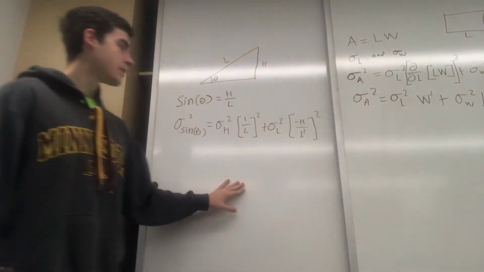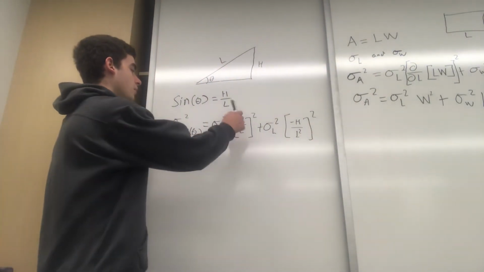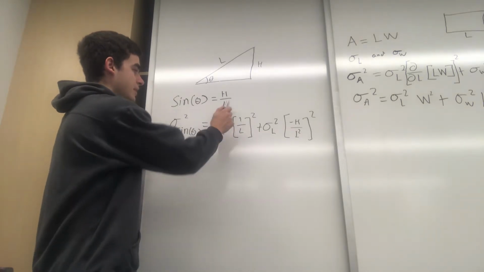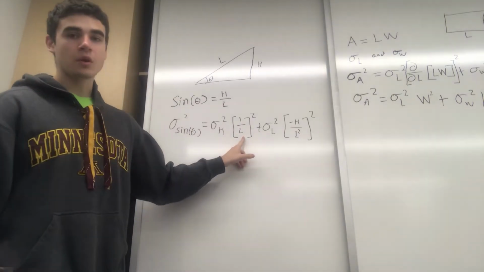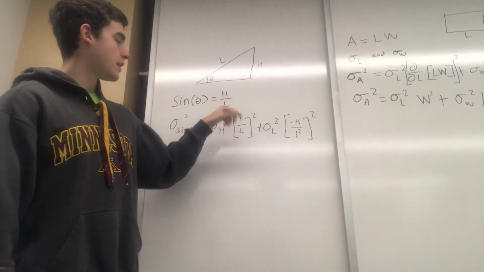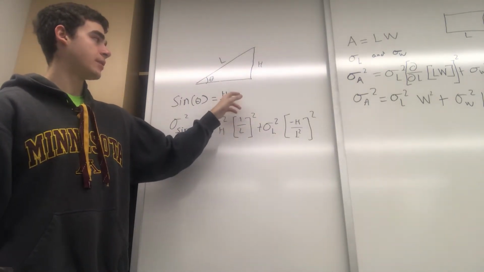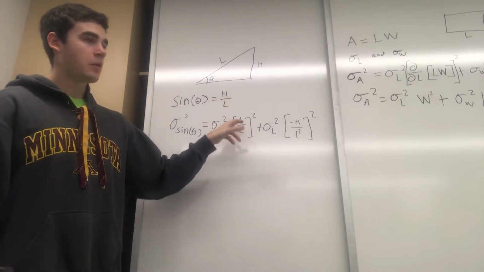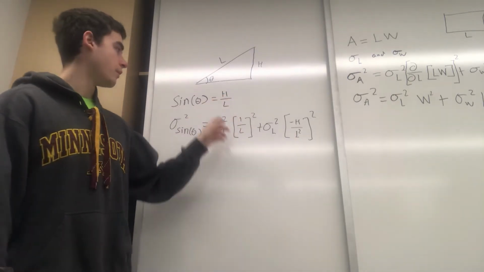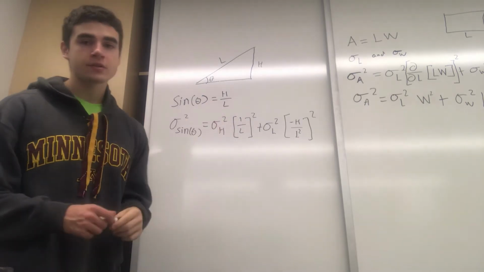So here, if we take the derivative with respect to just h, we're left with just 1 over L, because L is a constant. We're basically taking the derivative of h and then multiplying it by 1 over L, and the derivative of h is just 1 when you're differentiating with respect to h.